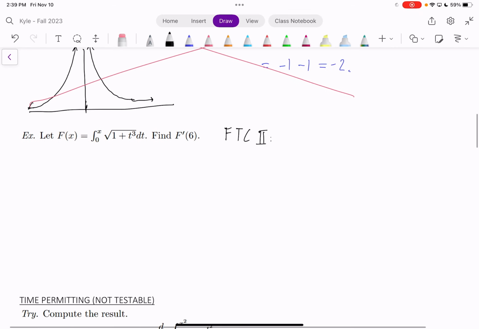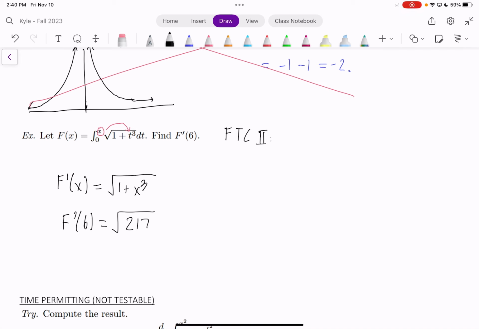So by fundamental theorem 2, f prime of x should be equal to, let's take our x and sub it in everywhere we see a t, and remove the integral sign. That'll be the square root of 1 plus x cubed. If it tells us to find f prime of 6, then f prime of 6 is equal to, subbing in x everywhere we see it, the square root of 217.